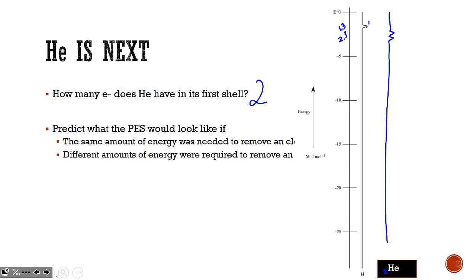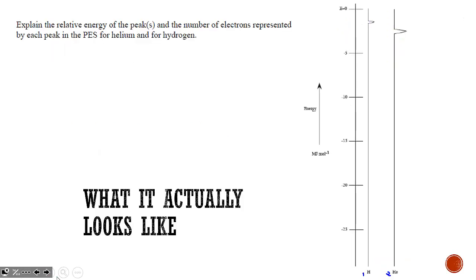If they required the same amount of energy though, the size of the blip should be different, approximately twice the size. So we take a laser, we shine it onto a sample of helium, and sure enough, we get a single blip, but it's twice as big. So again, the size of the blip is the number of electrons.